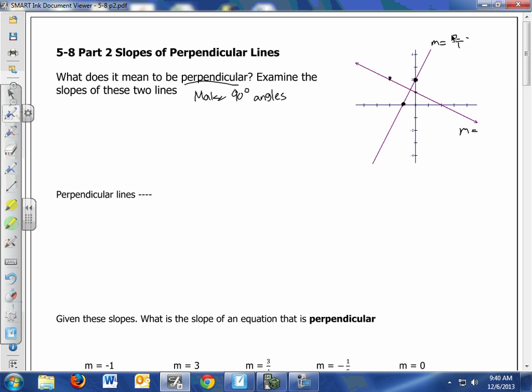And then what's the slope of this line? It would just be 1 over 2. All right, so those two lines are perpendicular. The first line has a slope of 2. The second line has a slope of -1/2.